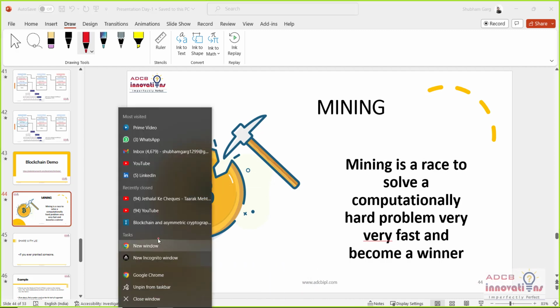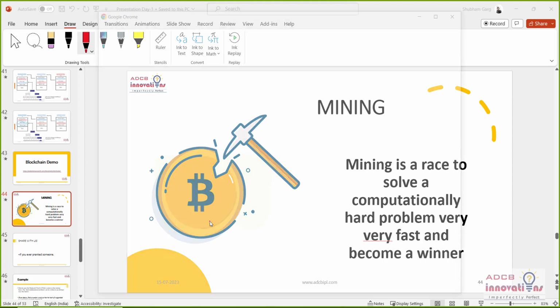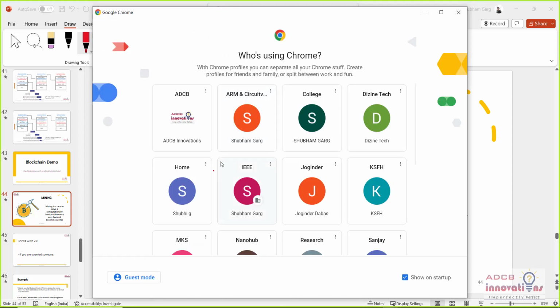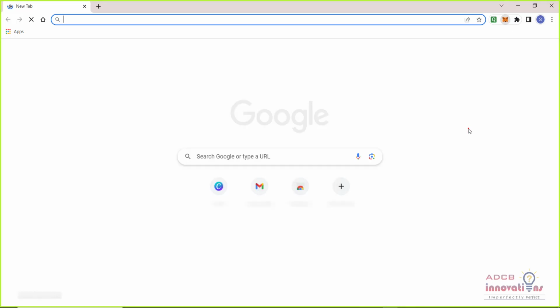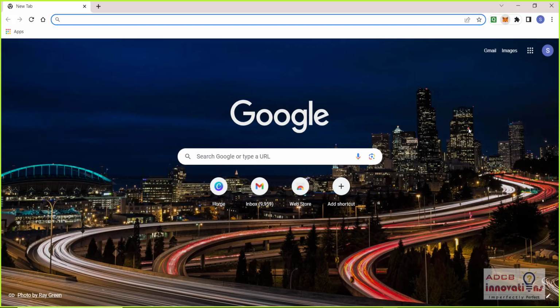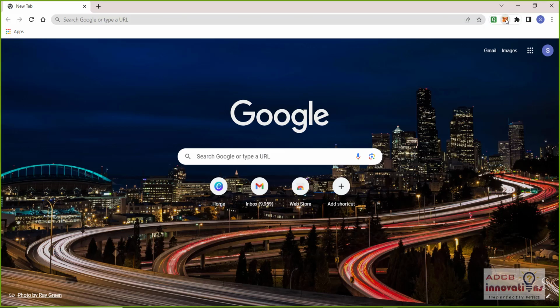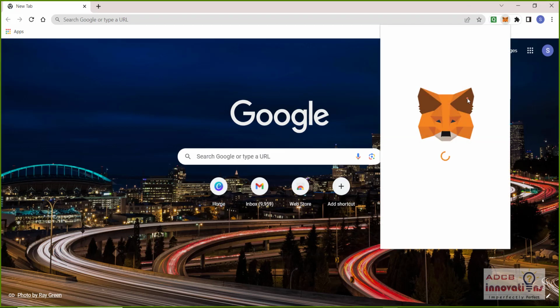I will show that in Metamask. The actual amount sent and received was a bit different from what you transferred, because that fee goes towards the miner.